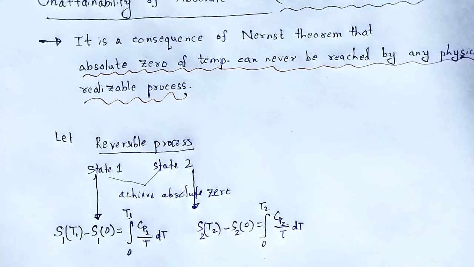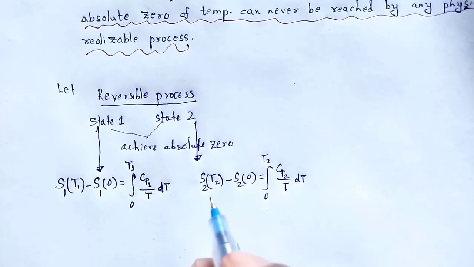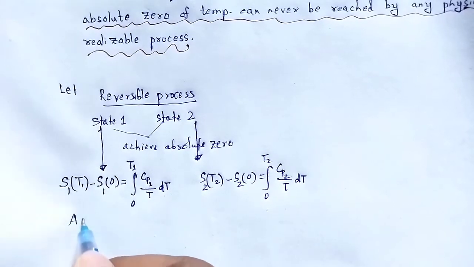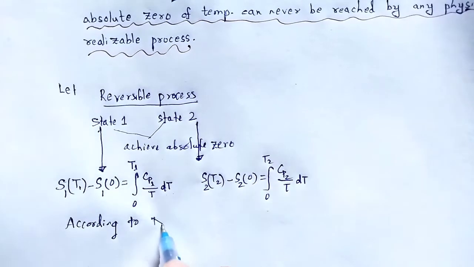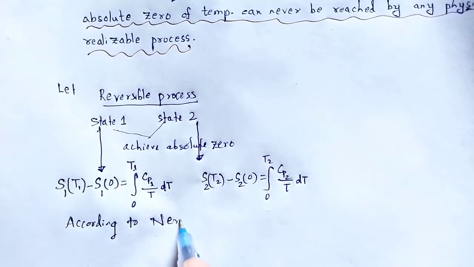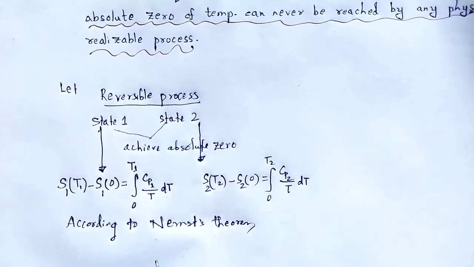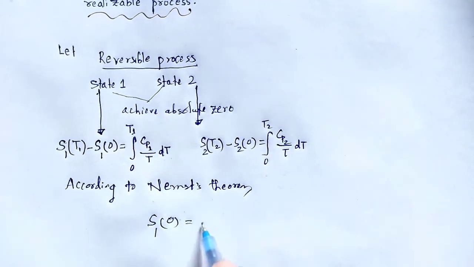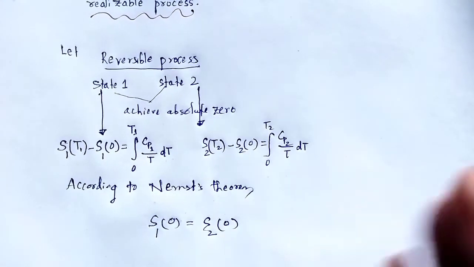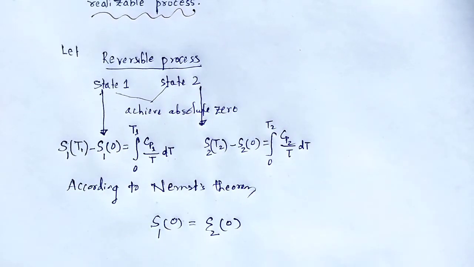But according to Nernst's theorem, S1 at absolute 0 is the same as S2 at absolute 0 temperature, meaning the entropies of the two states are the same at absolute 0 temperature.